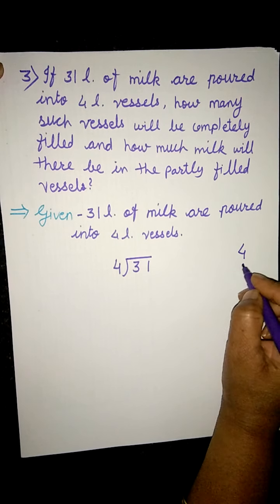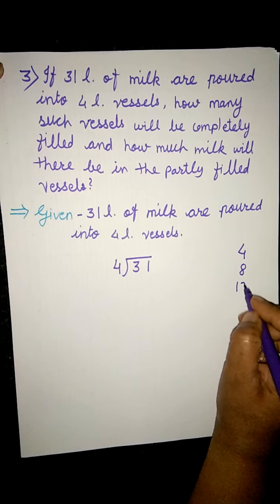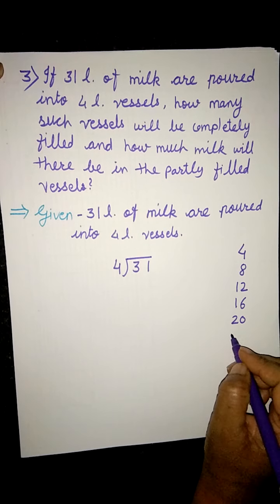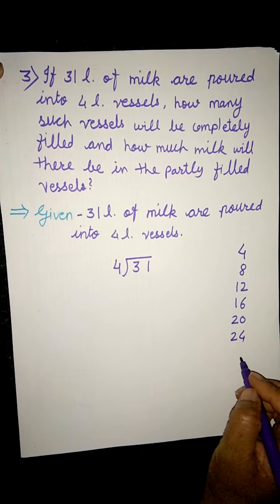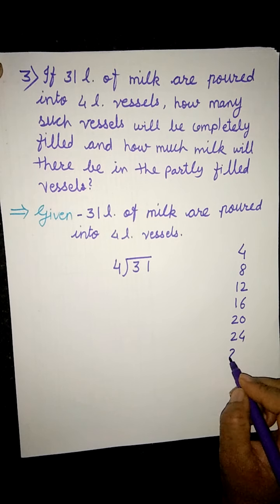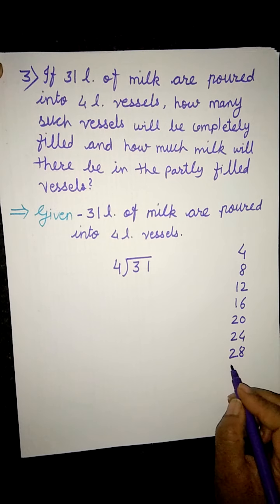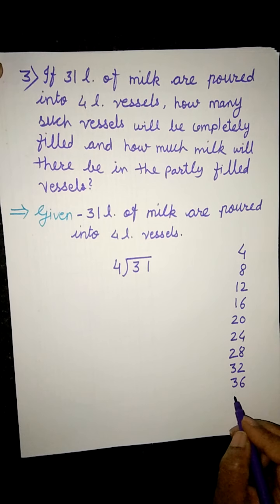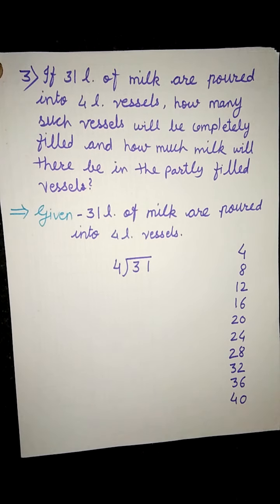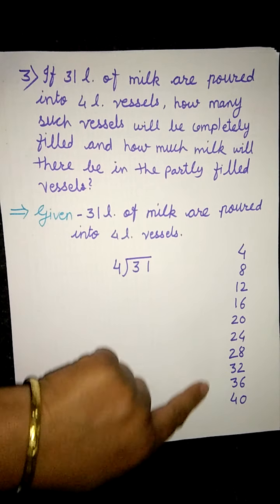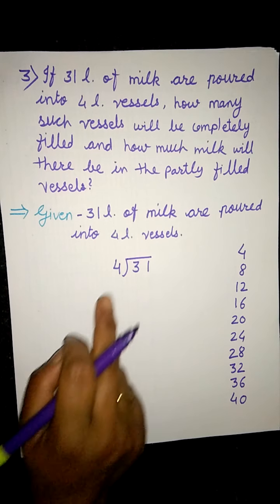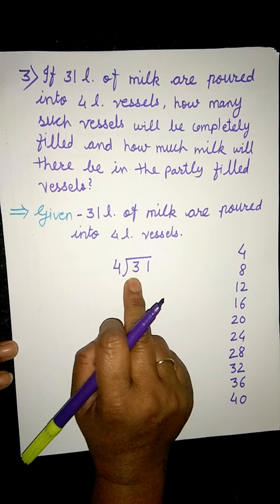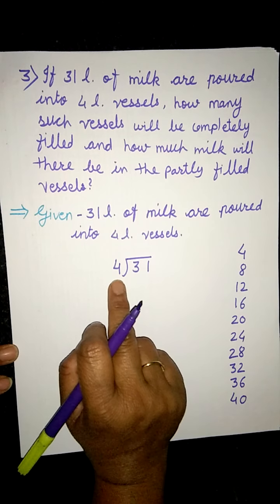Children, write 4's table. I am writing here 4 2s are 8, 4 3s are 12, 4 4s are 16, 4 5s are 20, 4 6s are 24, 4 7s are 28, 4 8s are 32, 4 9s are 36, 4 10s are 40. Now in this sum, 3 is smaller than 4.